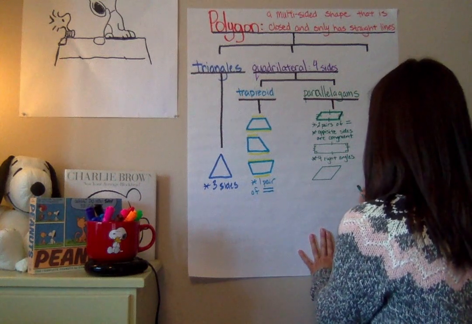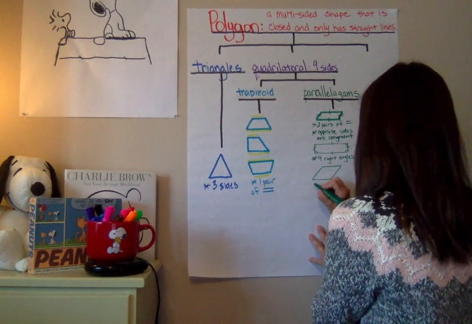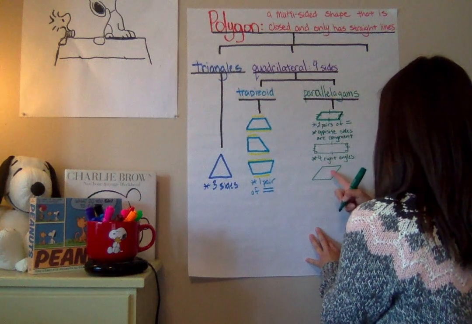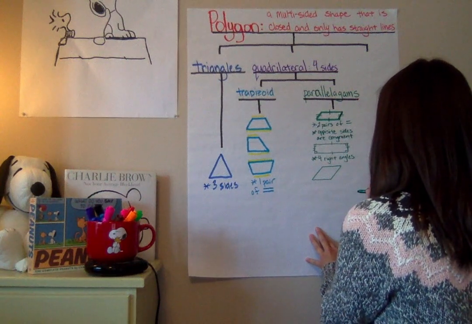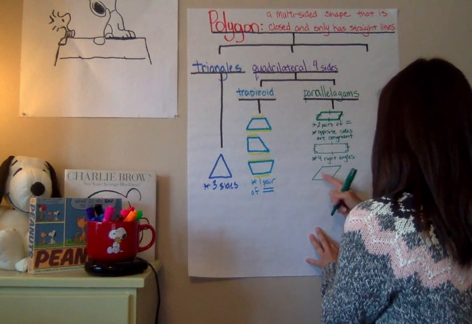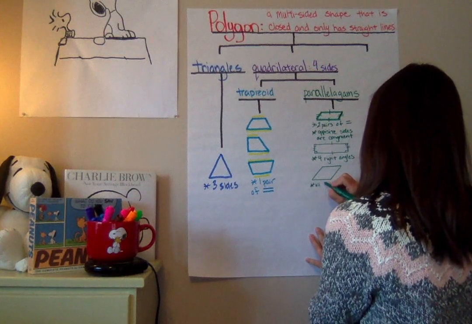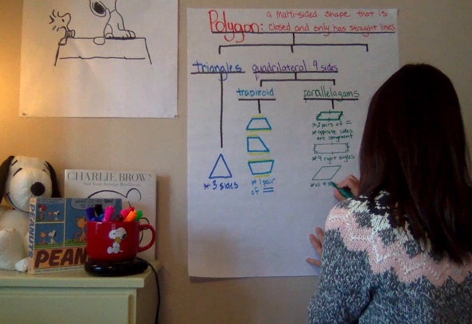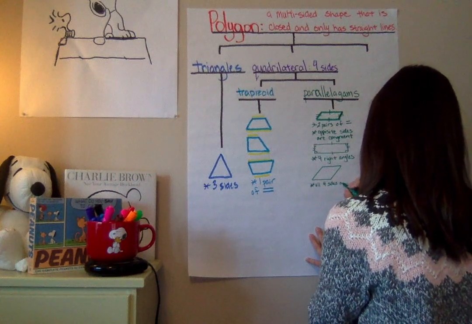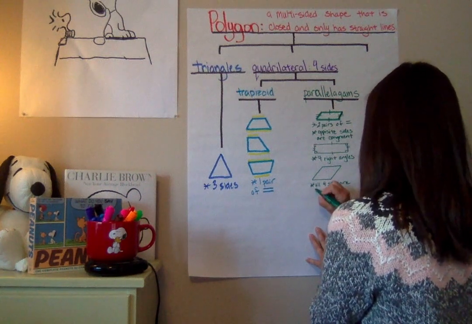Okay, so let's think about this. There's 2 pairs of parallel lines. Okay, the opposite sides are congruent. In fact, all 4 sides are congruent.